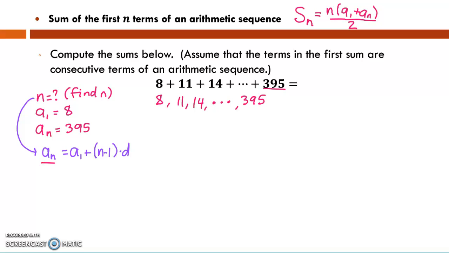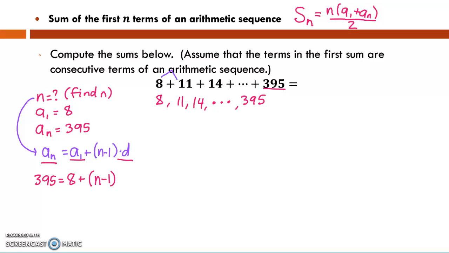Well, I need to know a sub n, which I do know. It's 395. I need to know a sub 1, which I do know, is 8. Plus n, that's what I'm trying to find, minus 1. Then I have this times d, which means I need to know what d is.